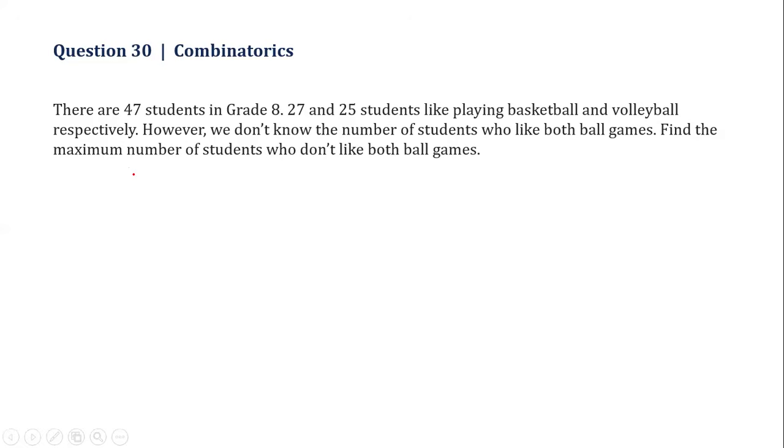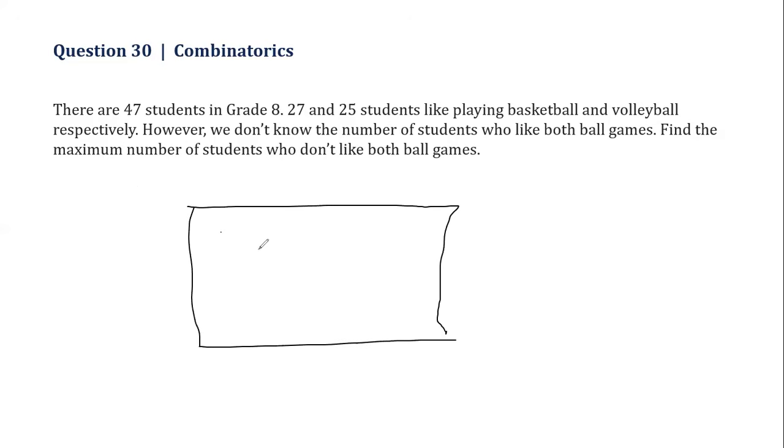So what we're going to do here is draw a Venn diagram. You can choose not to do this, but if you want the problem to be clearer, with a clear visual, then yes.